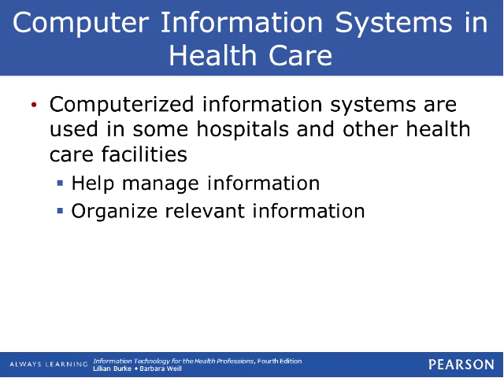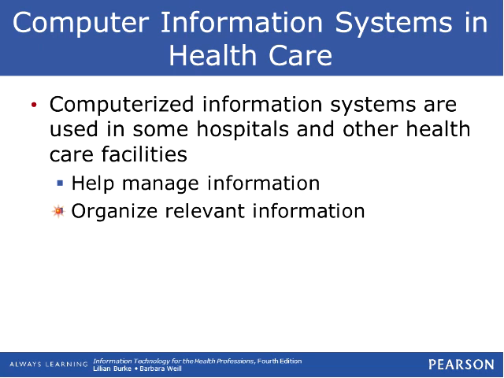Now, computer information systems in healthcare. Computerized information systems are used in some hospitals and other healthcare facilities that help manage information and help the organization to establish relative information and to measure that, so they look at diseases and treatments and the success of those treatments.